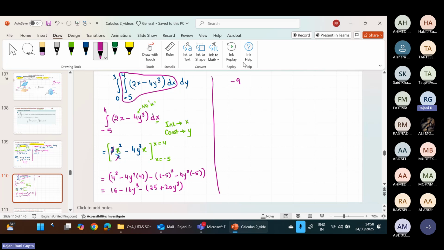And minus 16 minus 20 gives you minus 36y cube. Okay. So this is the value of this integral. And now the question is similar to what you did in 3.1. So then we solve the integral from 0 to 3 of minus 9 minus 36y power 3 dy.